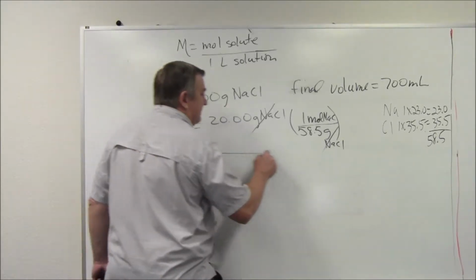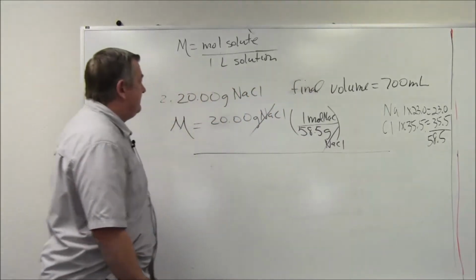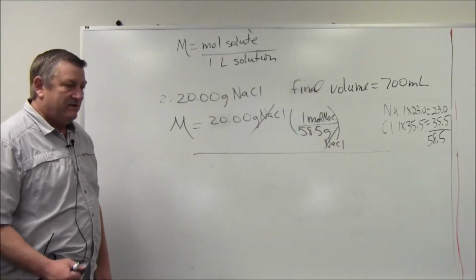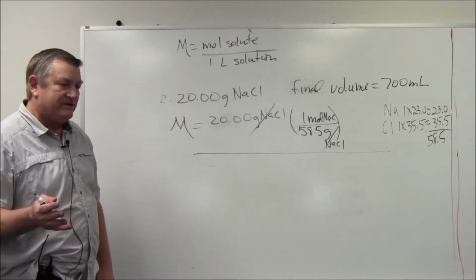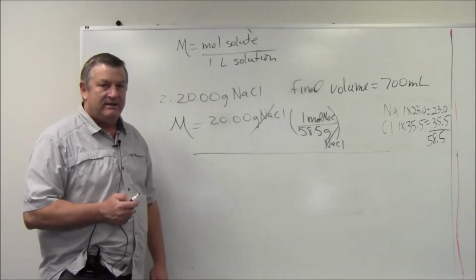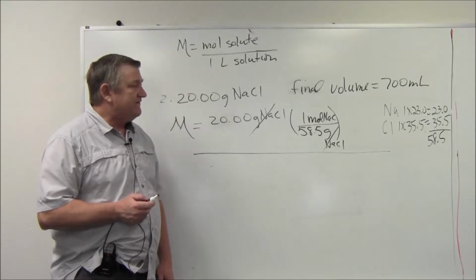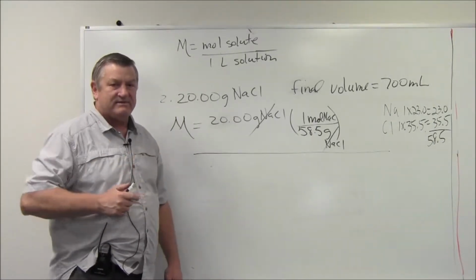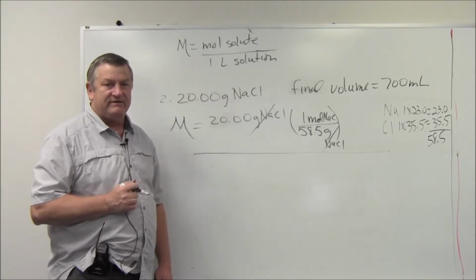And now the denominator, we want to get in liters. We want moles per liter. And so this is where you want to use the metric system. You know there's 1,000 milliliters in a liter. And so if you want to convert milliliters to liters, just do it in your head. Just divide by 1,000, move the decimal point 3 spaces to the left.